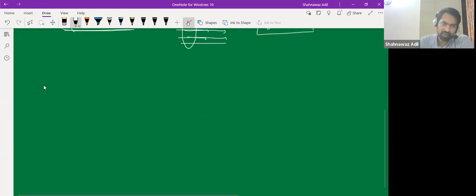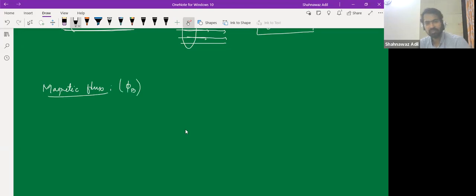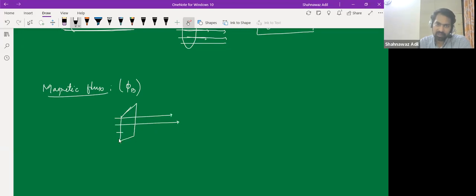we have a magnetic flux. So it is denoted by phi. Okay. So we have this surface area and the number of field lines passing normally to this surface.